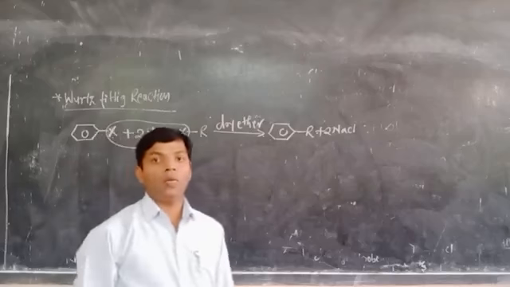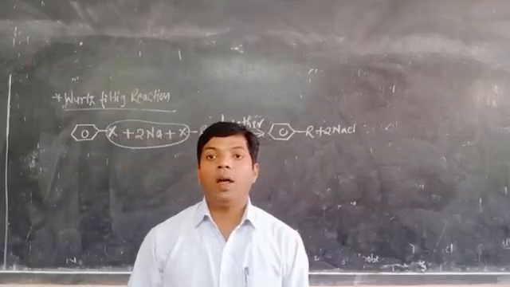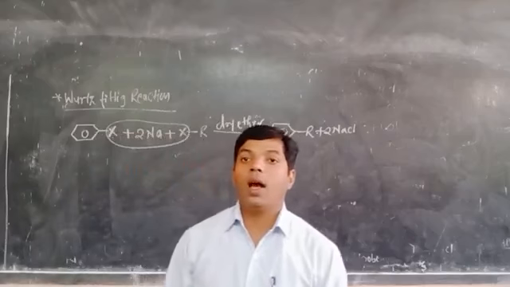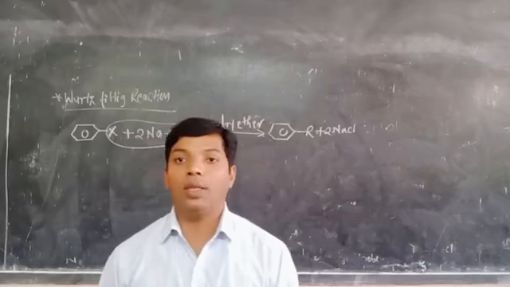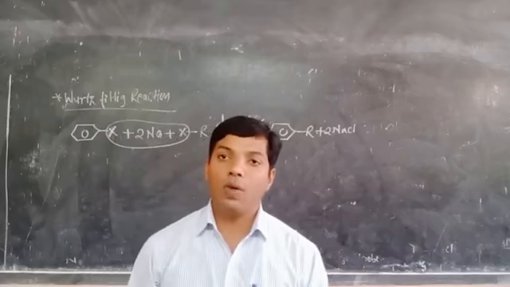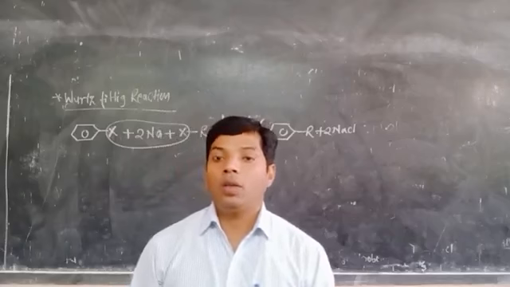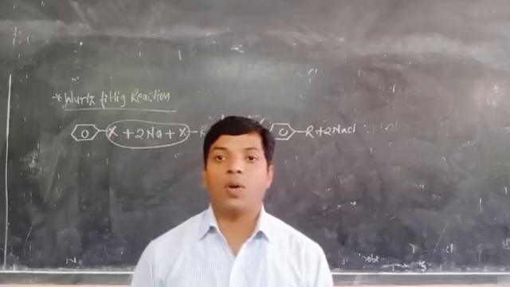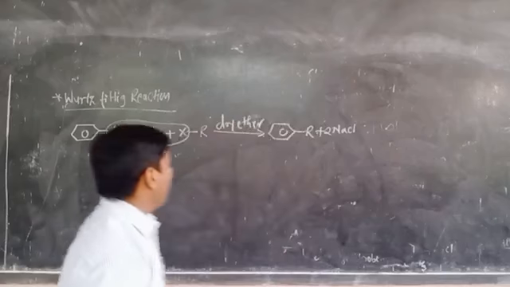So what happened in the Wolff-Fittig reaction? In the Wolff-Fittig reaction, given haloarene and haloalkane are treated with sodium metal in the presence of dry ether, undergo reaction, and it gives the corresponding alkyl benzene as a product, called Wolff-Fittig reaction. So this is the general example.